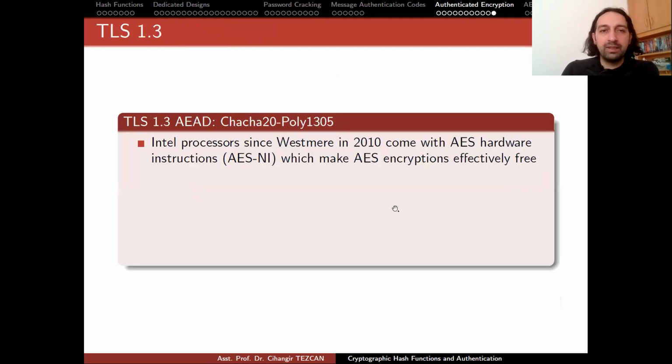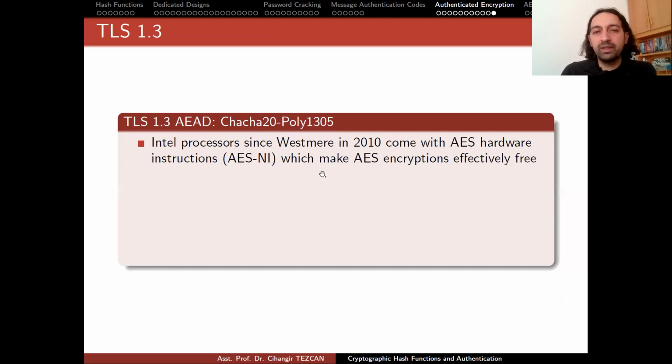So let's go to TLS 1.3. In TLS 1.3, authenticated encryption with associated data now supports ChaCha20 with Poly1305. You might wonder why they added something other than AES. We probably answered this question before, but let me summarize it again.